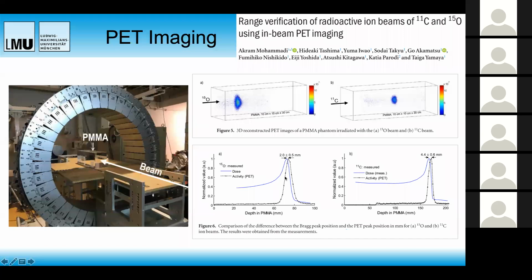And more interesting is the illustration down here, where you see in blue the Bragg peak, and then in the black dashed lines, you see the PET activity or the PET signal. And this basically illustrates again what I was referring to before, that the peak of the PET signal does not directly correspond to the peak of the Bragg peak or the range of protons.